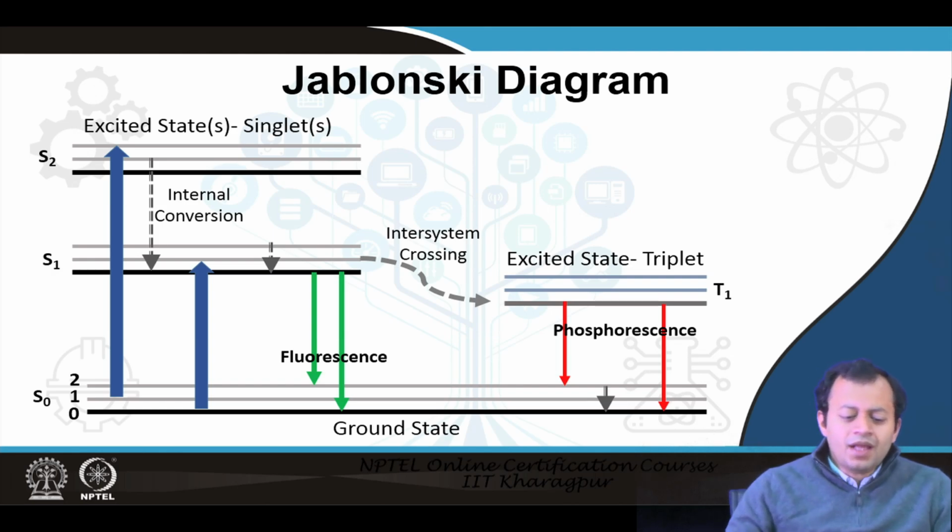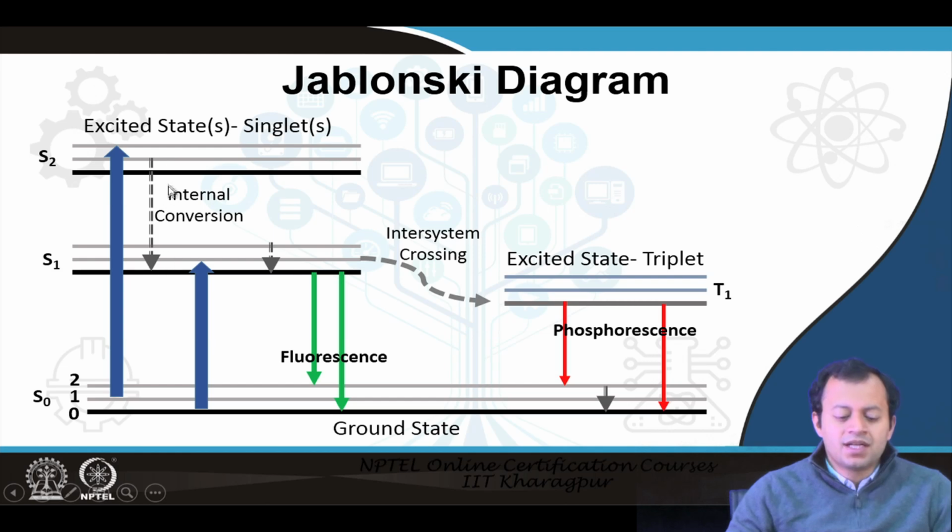Anyways, even if an electron goes to a higher level, S2, S3, S4, by internal conversion it quickly falls to the nearest semi-stable state, which happens to be S1, the lowest excited state.